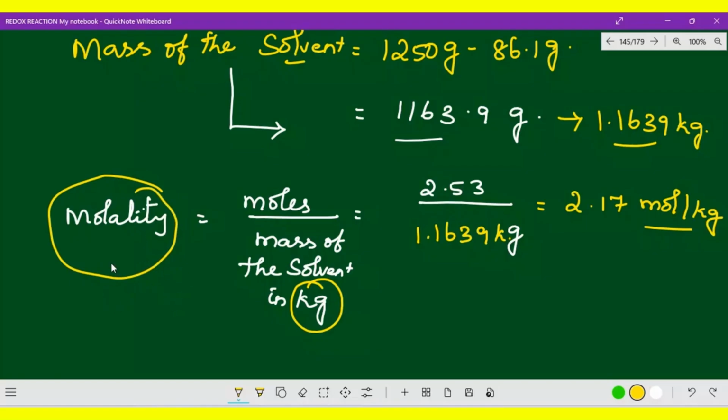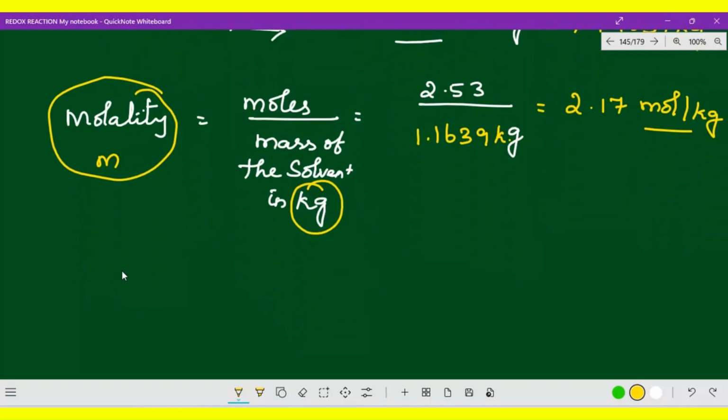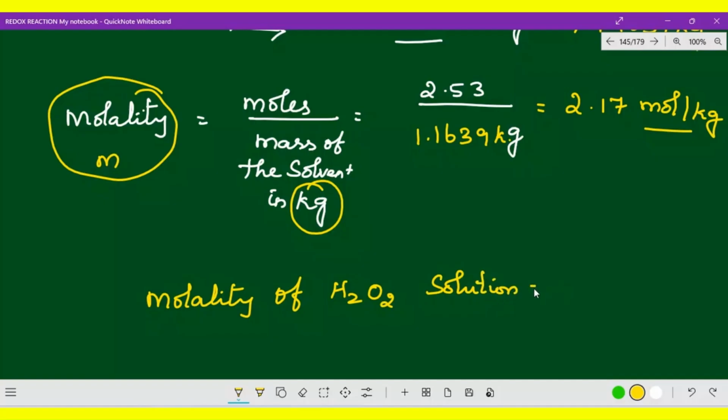The molality unit is a small m. So what is the answer you will bring? The molality of hydrogen peroxide solution is 2.17 small m, which is mole per kg also.